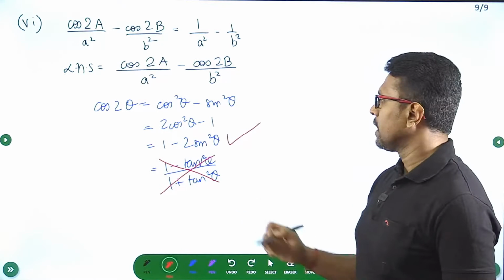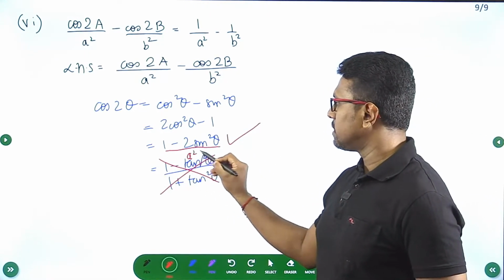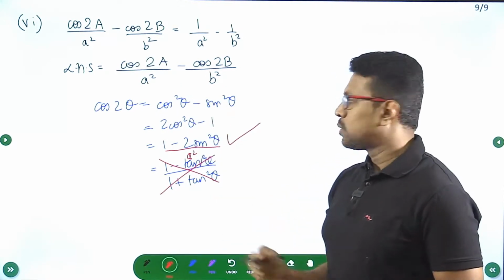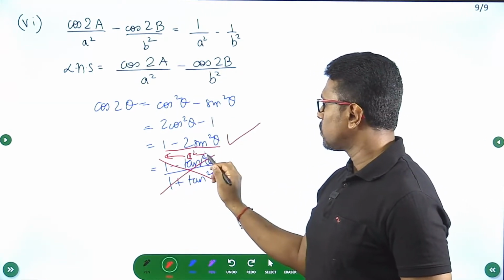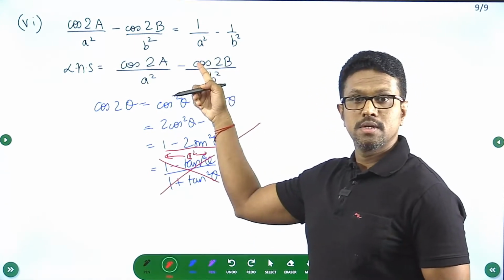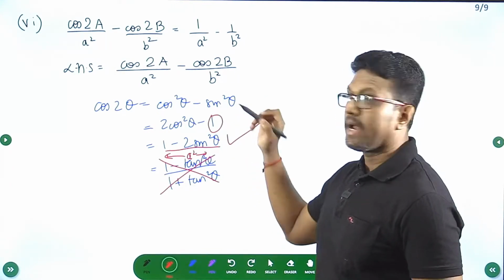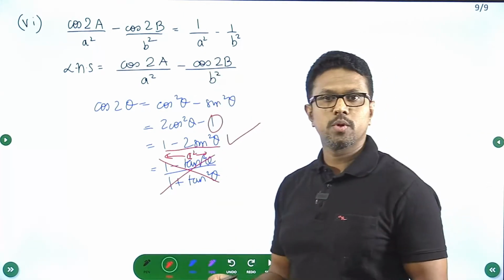Why so? If I say that this is divided by say a square, when I separate out a square, I will be getting 1 upon a square which is there at the RHS. तो ये formula ज़्यादा correct है. If I use this one, I will get 1 upon minus 1 upon a square, but हमको तो 1 upon a square चाहिए.